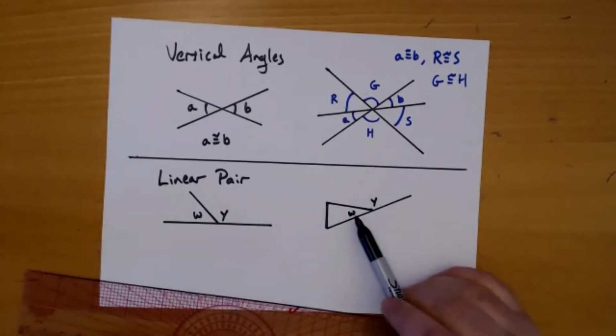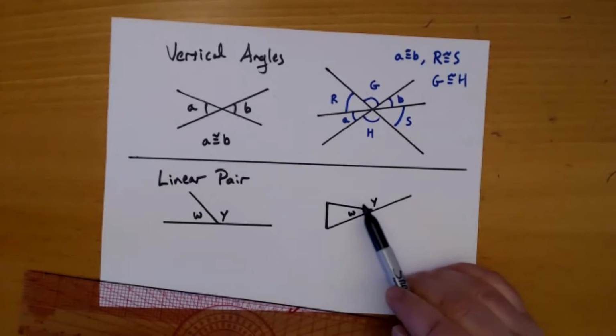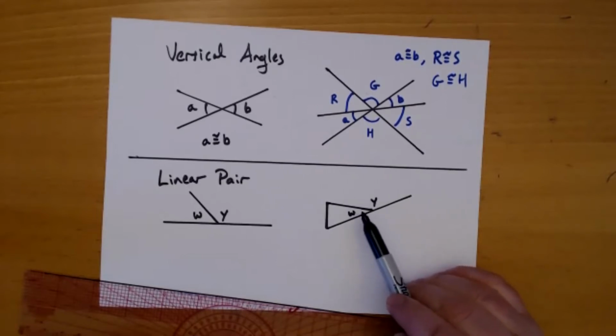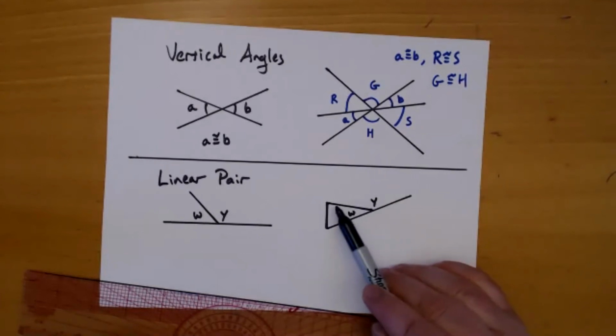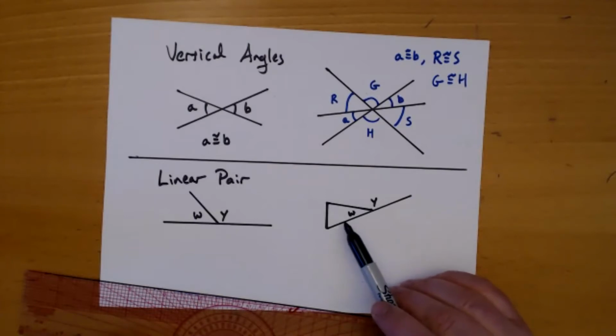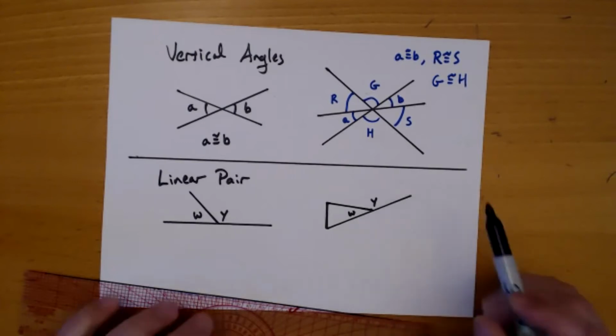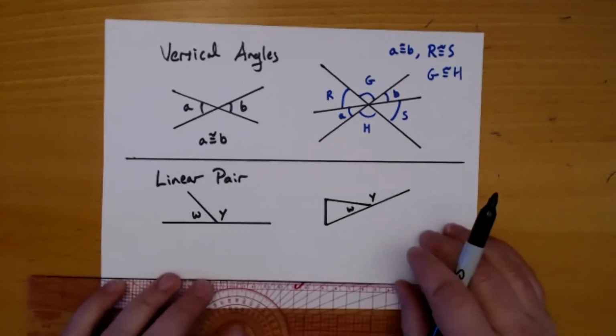W and Y still make a line together. Y is this big and W is that big, and since they're sharing that side together, if I go this big and then that big, I've made a whole line. And that's why they add up to 180 degrees.